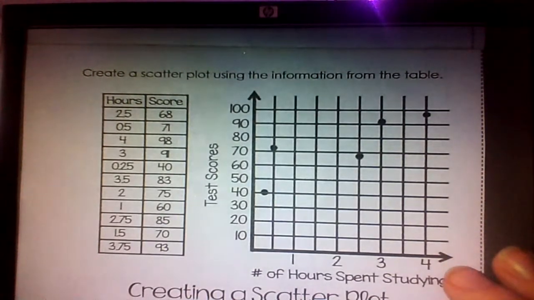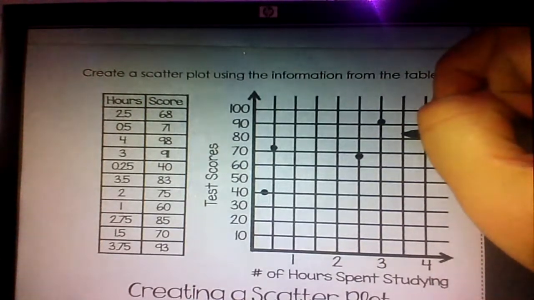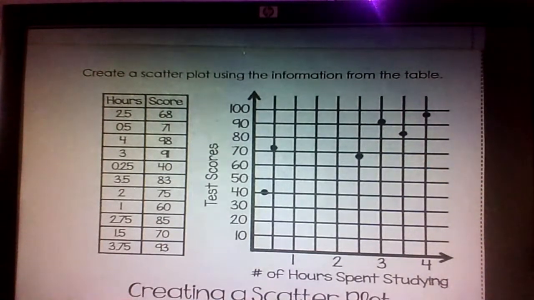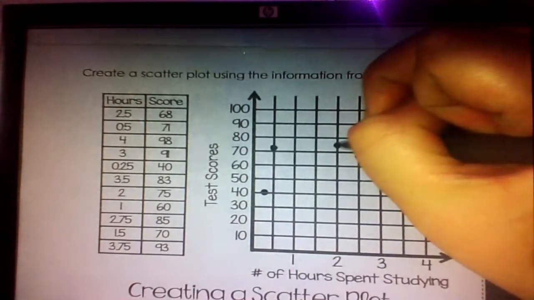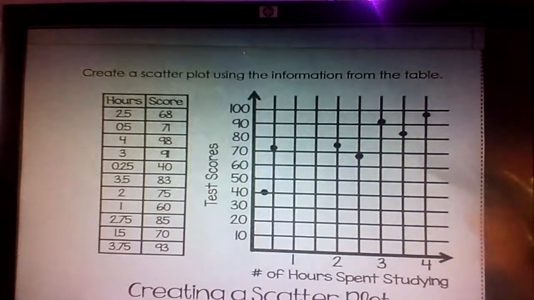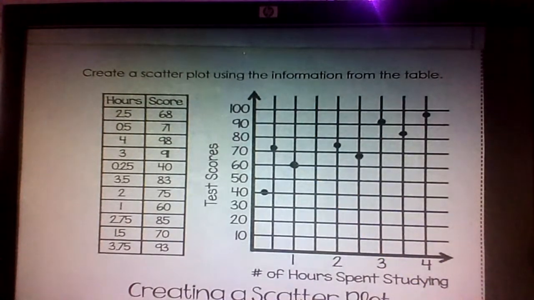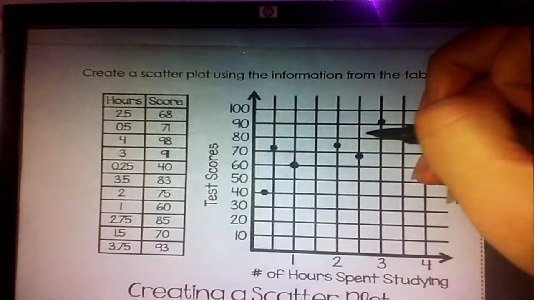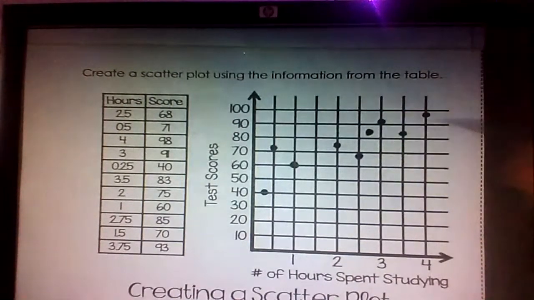3.5, 83. 2, 75. 1, 60. 2.75, 85. So we're somewhere here. 2.5 comma 85.